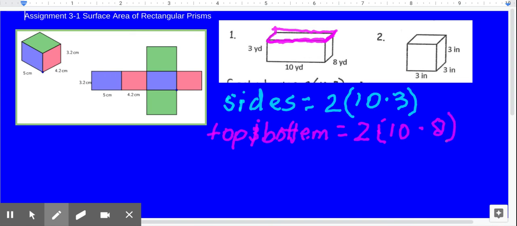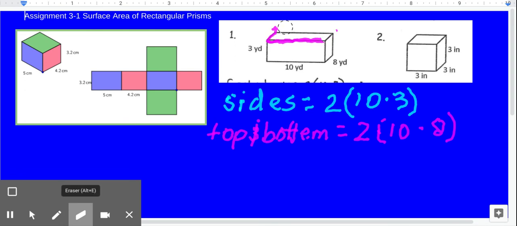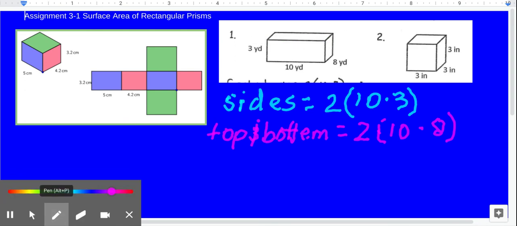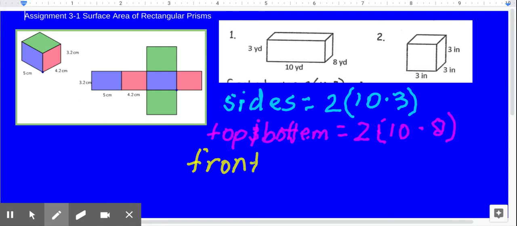And then I have a front and a back. So I'll use a different color for that. How about yellow? We have a front and back.